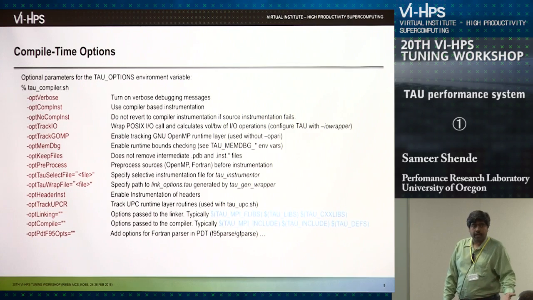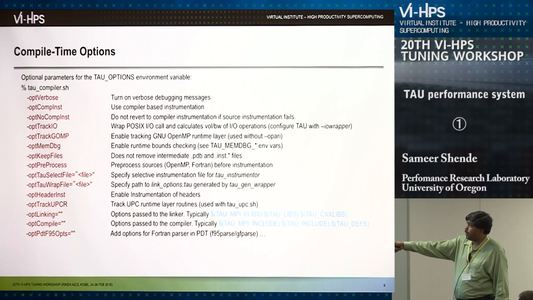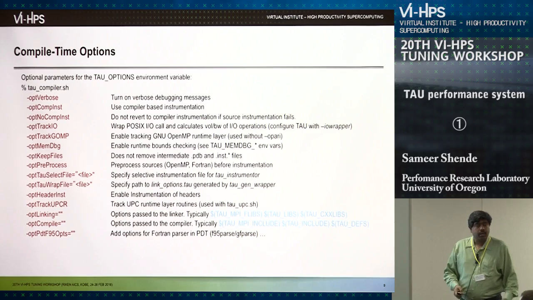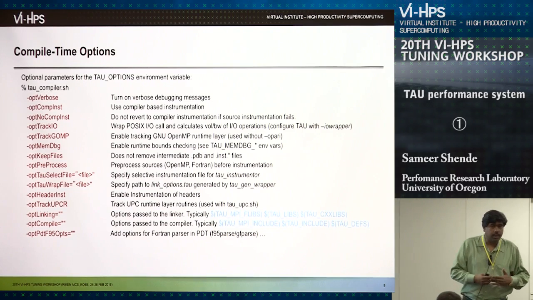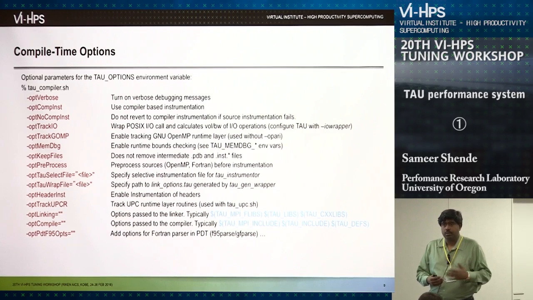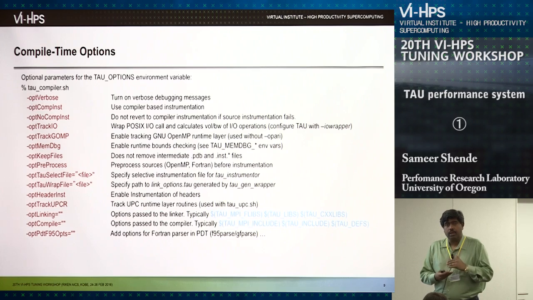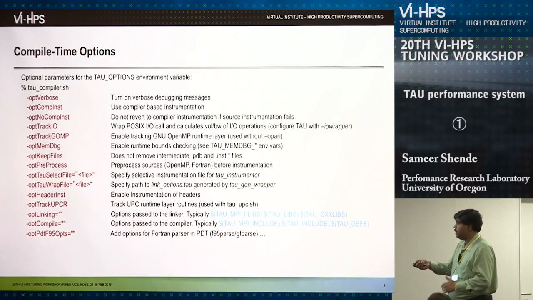Or if I wanted to track I/O, I could say opt-track I/O, or do memory debugging, and so on. You can also specify a selective instrumentation file which includes regions that you want to instrument or not instrument. So exclude or include list for functions and files can be specified here.